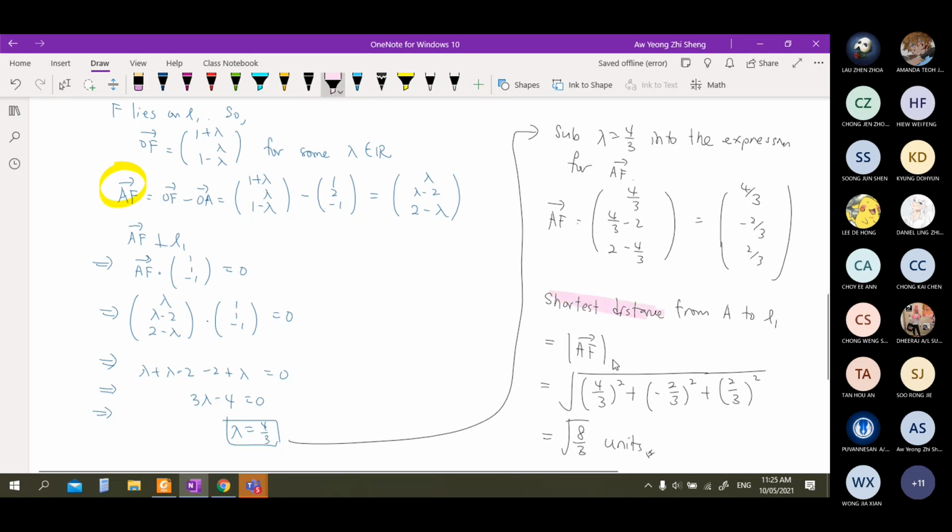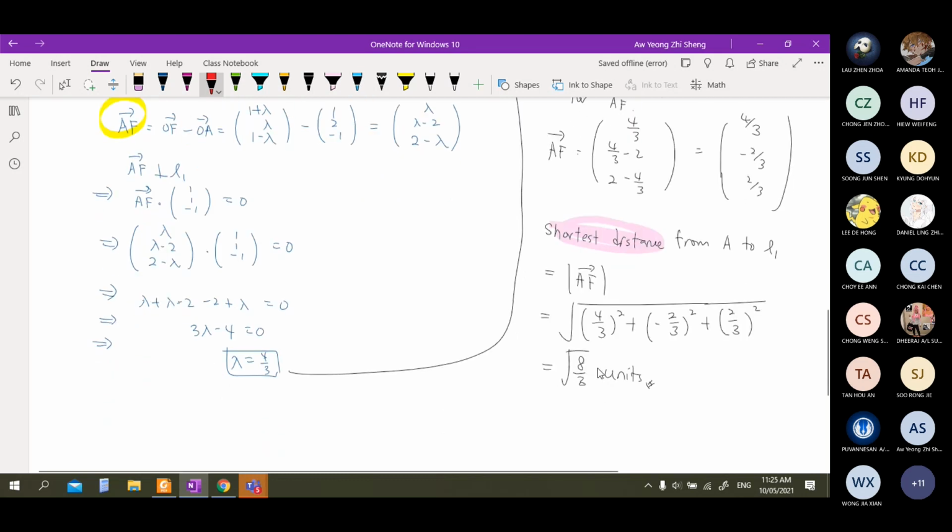The phrase shortest distance must be mentioned at the end. Surd of 8/3 is not the only acceptable final form. Other equivalent forms are also okay as a final answer. So this one you can also write as surd 8 over surd 3.